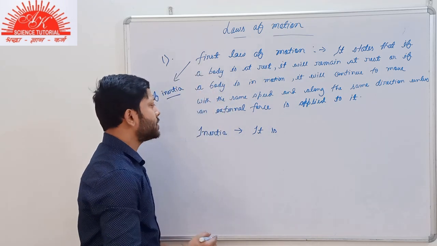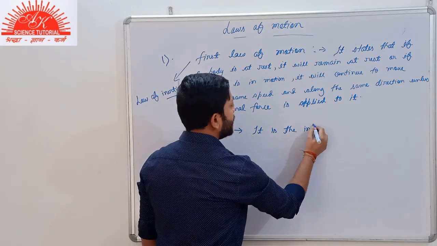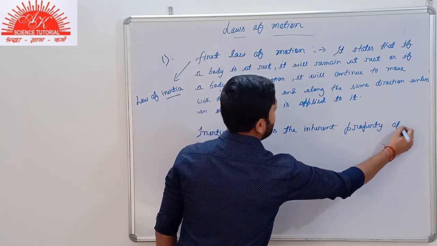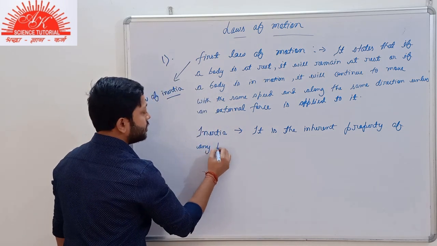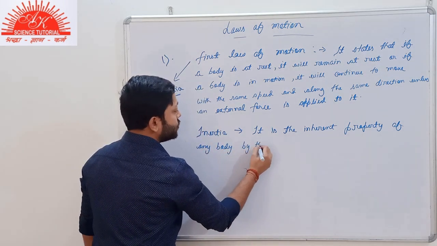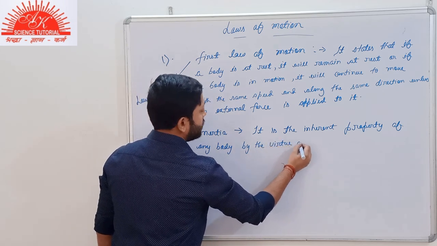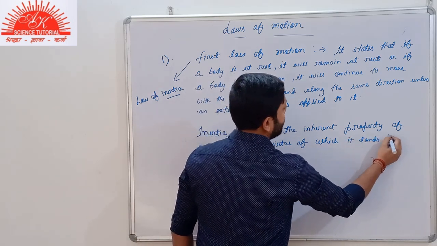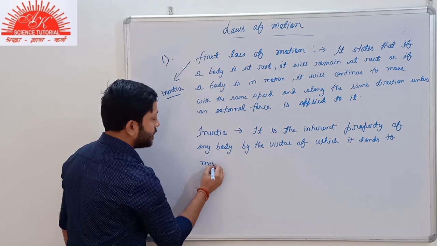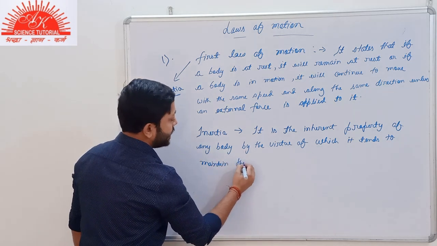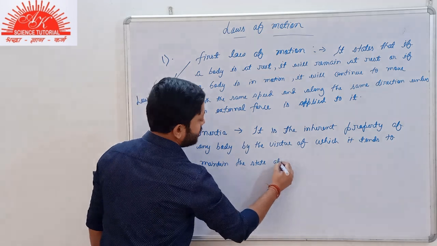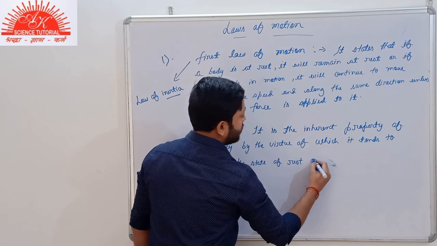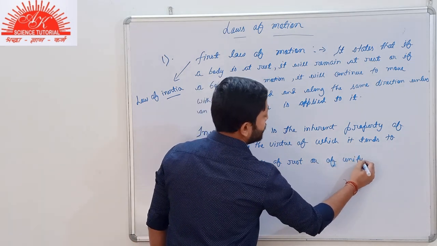So basically, what is inertia? It is the inherent property of any body by the virtue of which it tends to maintain the state of rest or of uniform motion.